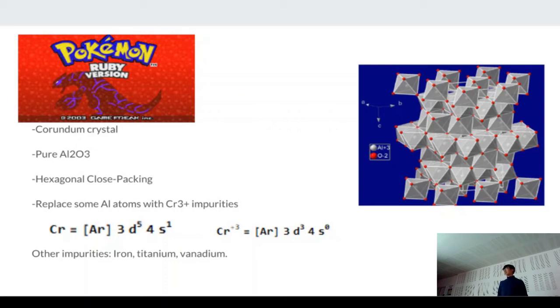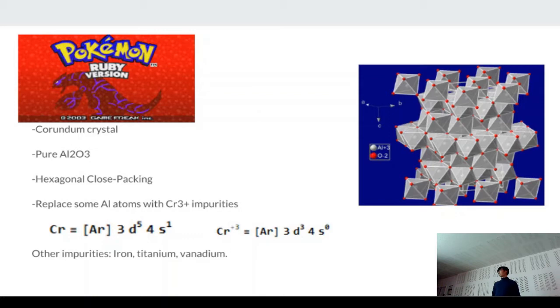The pure aluminum oxide is a hexagonal close packing. You have oxygens packed in one layer, and the aluminum atoms are on top of the gaps of the oxygens. And to produce ruby crystals, we introduce chromium ion impurities.